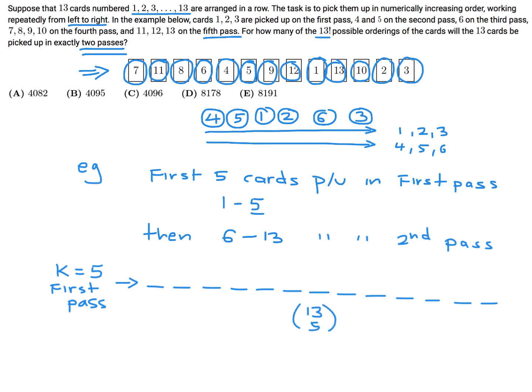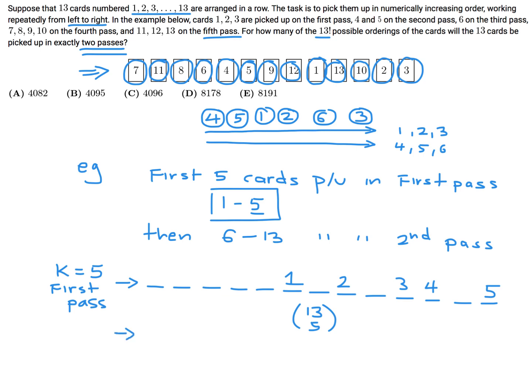This is the number of ways of putting those cards 1 through 5 along this 13 string pattern. So there's 13 choose 5 ways to place those 5 cards. So let's just choose one way of doing it. Let's put the 1 here, the 2 here, the 3 here, the 4 here, and the 5 here. Okay, this is just one of the 13 choose 5 ways.